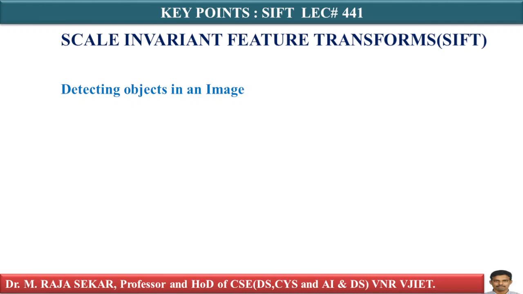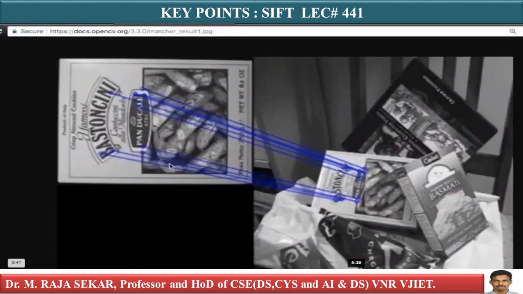What is this? Let me show an example here. The way it works is as follows. Let's say here you have an image. Just see these images. What SIFT does is it first detects key points.